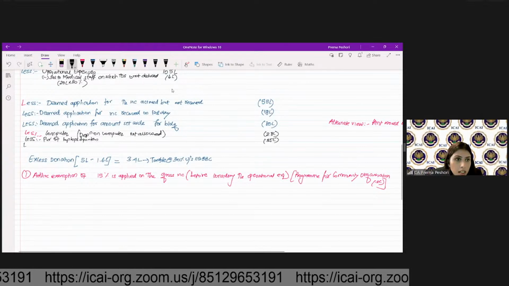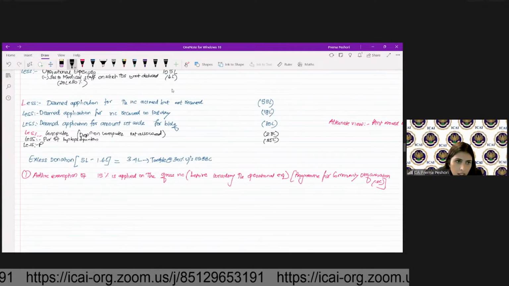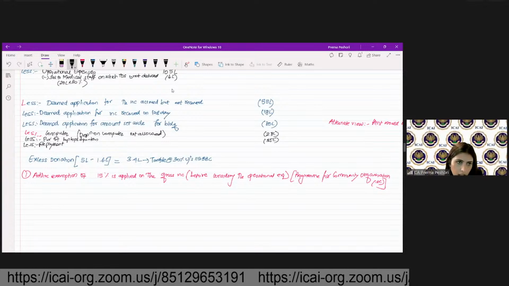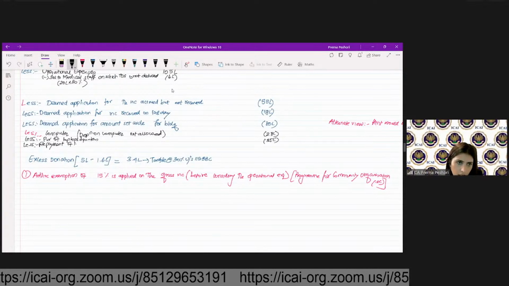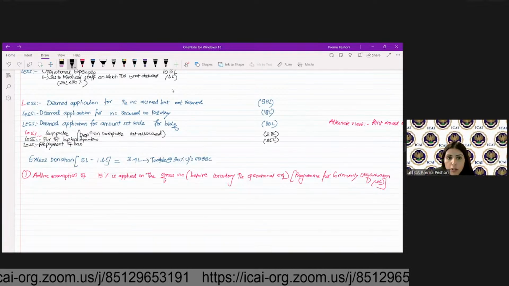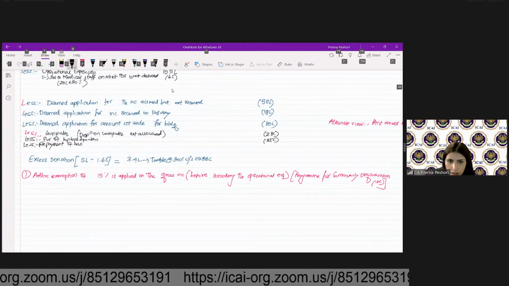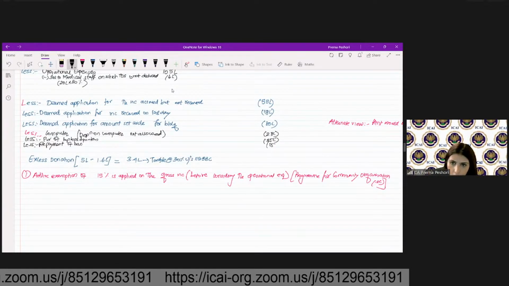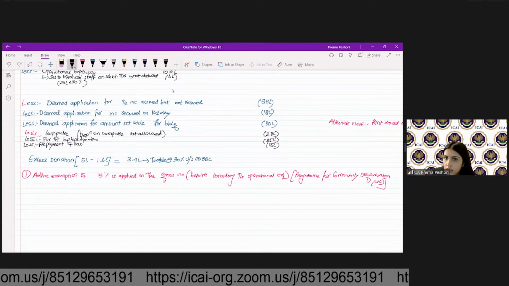Less: repayment of loan. How much is the repayment of loan? 15 lakh. Are we clear?